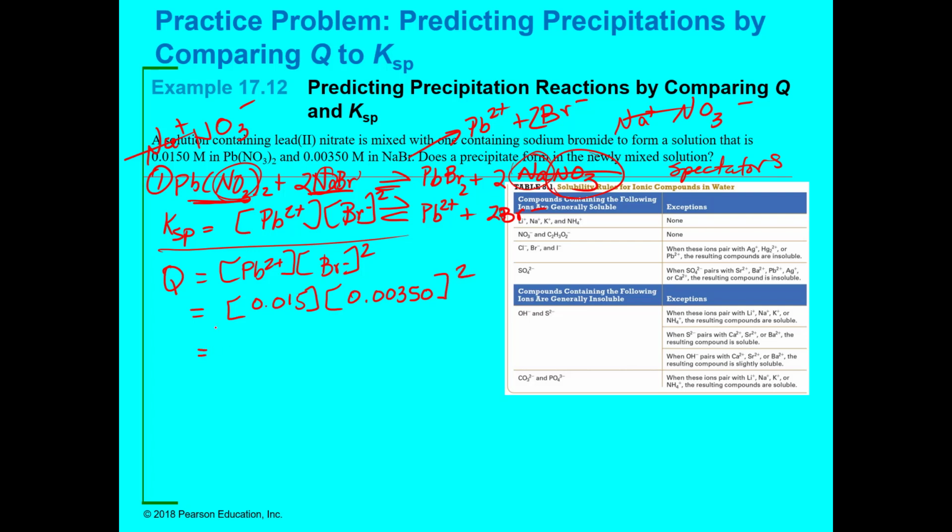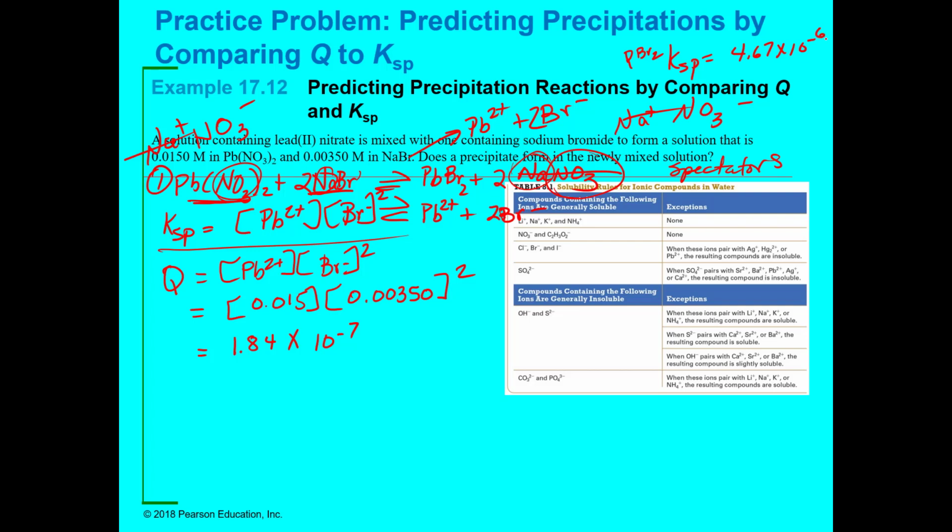And so when you multiply that, you're going to get 1.84 times 10 to the minus 7. Now, once you get that number, you need to compare it to the known KSP, and the known KSP for PbBr2 is 4.67 times 10 to the minus 6.